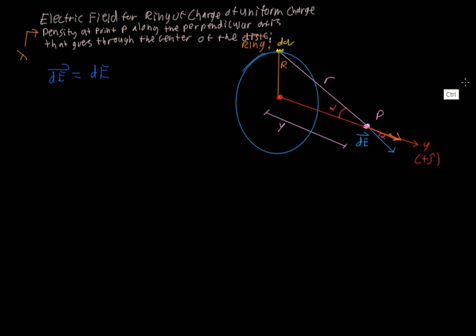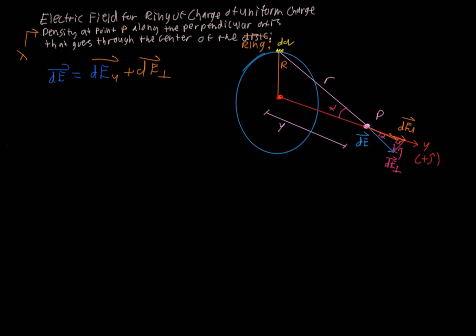Maybe I didn't make my dEy long enough, so it has to come all the way over here. Then the other one is just going to be, if I can make these line up, there we go. So then this is a right angle, and this vector right here, this component, is dE, let's call it perpendicular to the y-axis. So we're writing this in component form, so we have dEy plus dE perpendicular, right?